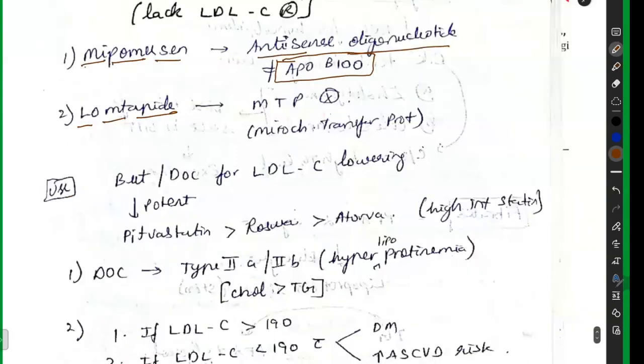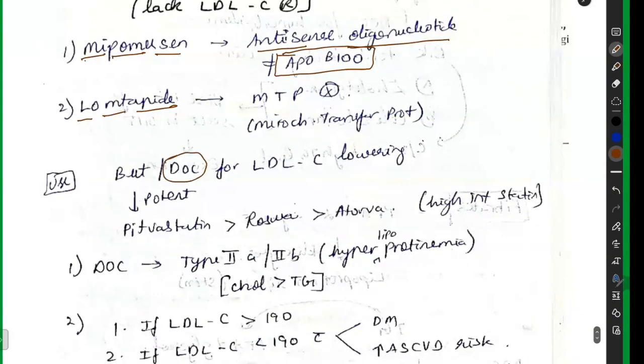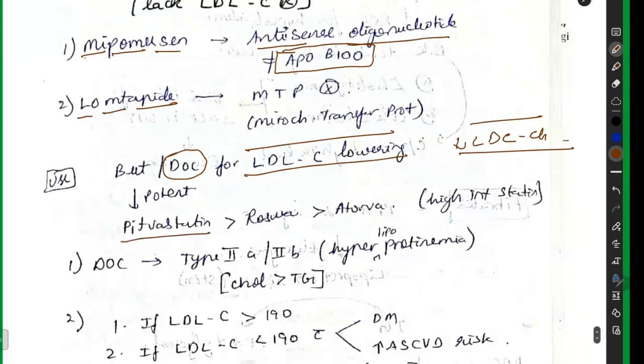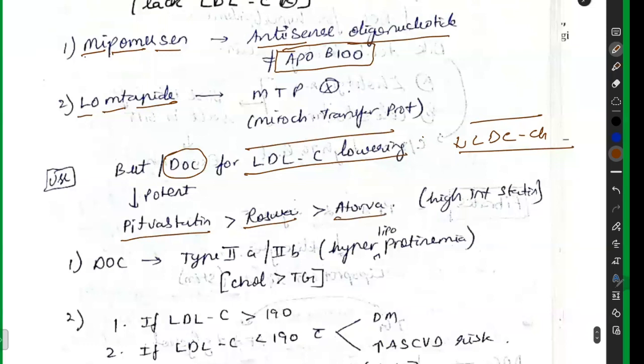Okay, but remember, a potent drug of choice for LDL-C lowering, for reducing the LDL cholesterol in your body, what is going to be the best agent? That is going to be pitavastatin, rosuvastatin and atorvastatin. From the high intensity statin to the low intensity statin, it is going to be pitavastatin followed by rosuvastatin followed by atorvastatin.